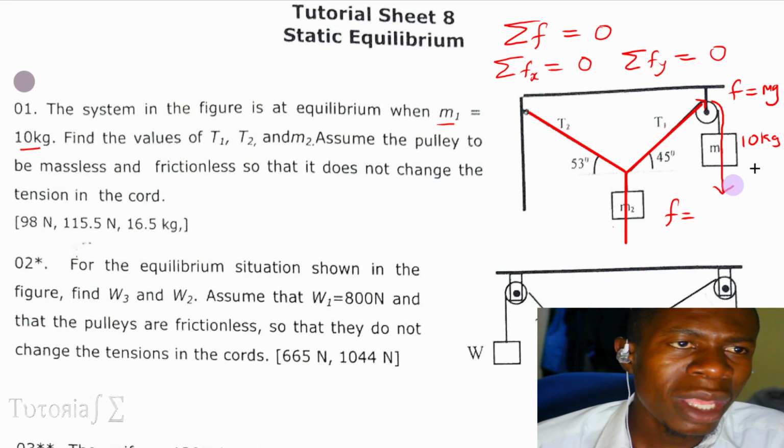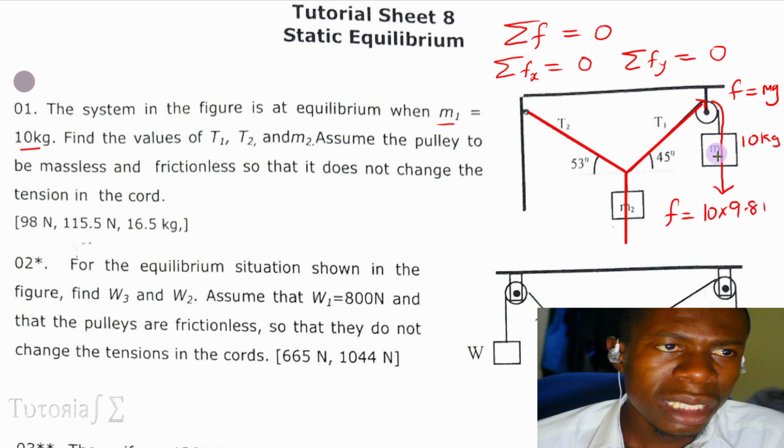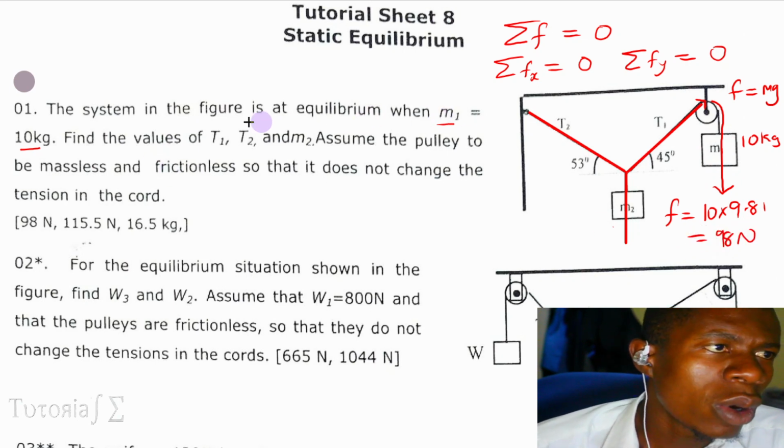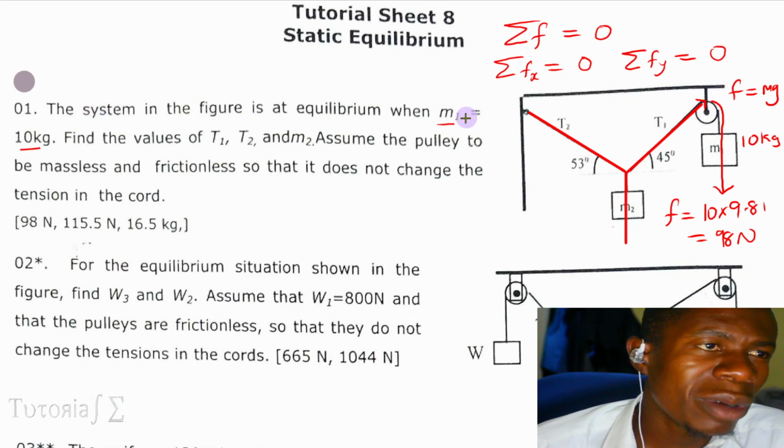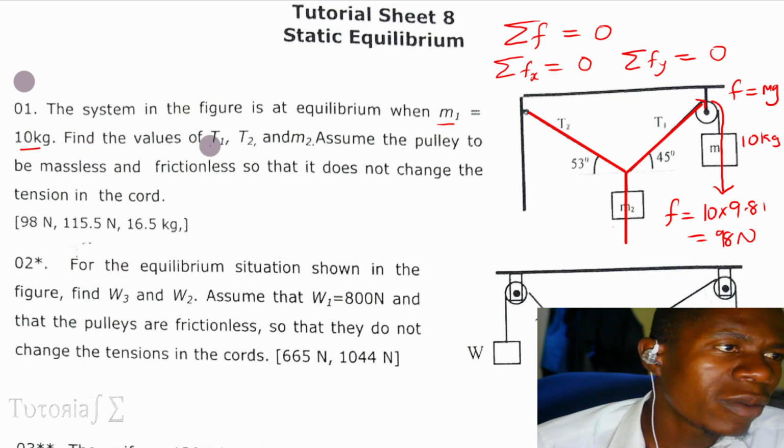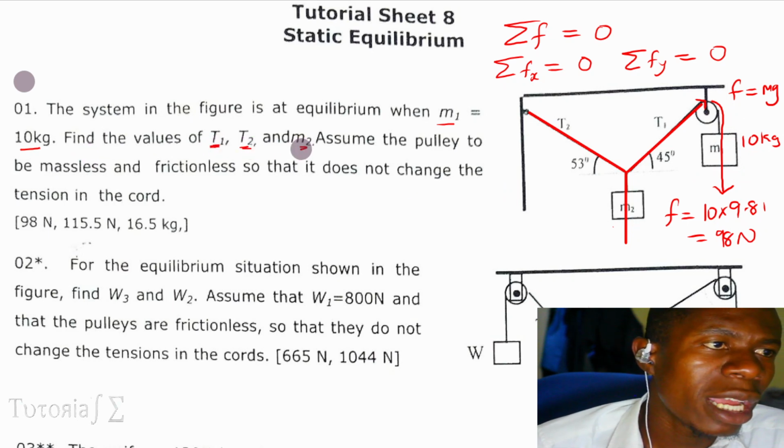So this would be the mass, which is 10, times the gravity, which is 9.81. So the weight on this mass is 98 newtons. The system is at equilibrium when the mass is 10 kg or when the weight is 98 newtons. Find the value of tension 1, tension 2, and M2.